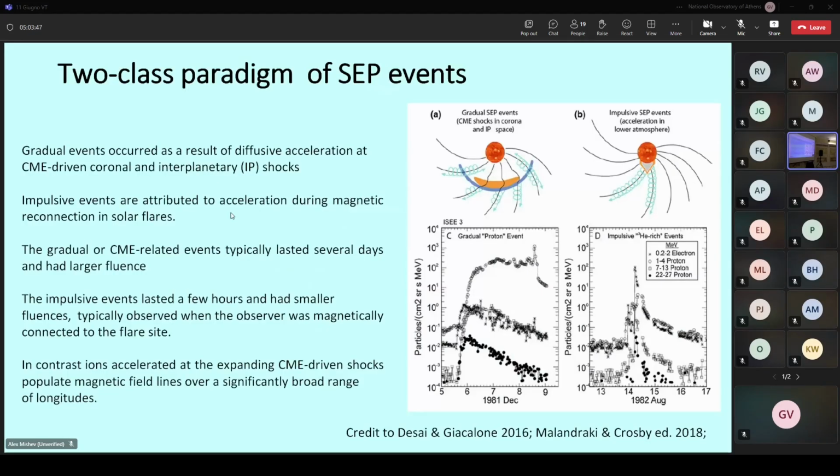Roughly, we can distinguish impulsive and gradual events. And here it deserves to mention that when we are dealing with very impulsive events, in the profile of a particle counter such as a neutron monitor, you can reduce the time resolution up to 1 minute.